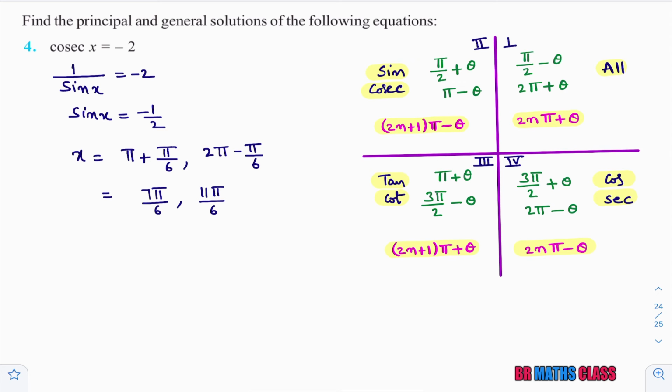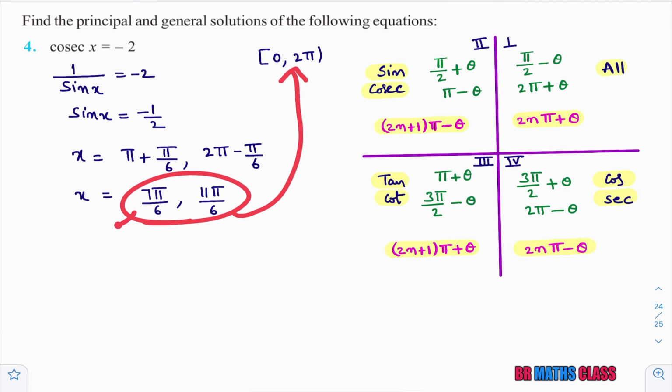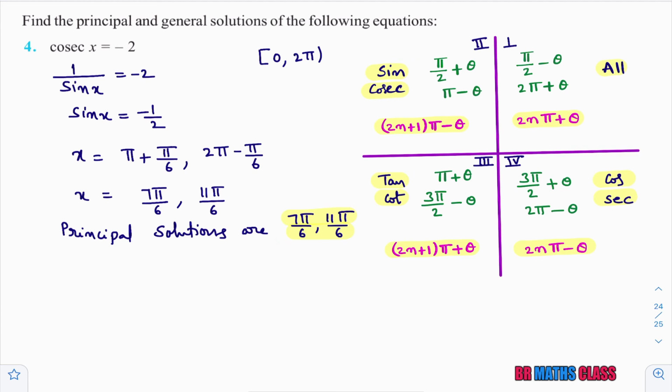These are the values which lie in the interval closed 0, open 2 pi, and satisfy this trigonometric equation. So these are the principal solutions. Therefore, principal solutions of the given trigonometric equation are 7 pi by 6, comma 11 pi by 6.